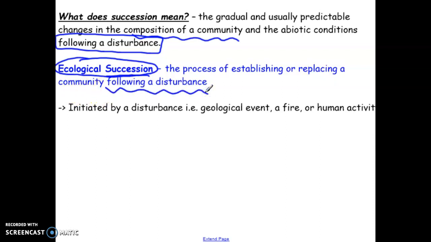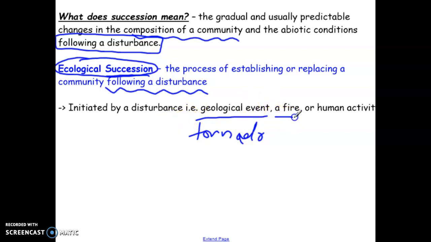Ecological succession is the process of establishing or replacing a community, and here's the key, following a disturbance. A disturbance can be something natural, like a geological event, let's say a tornado, or a drought, or an earthquake. Something that is happening naturally, that can't really be changed. It's not humans causing it, it's a natural event.